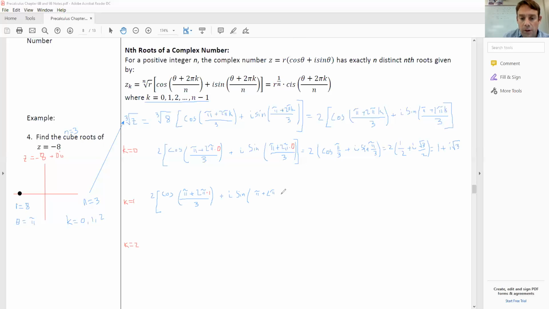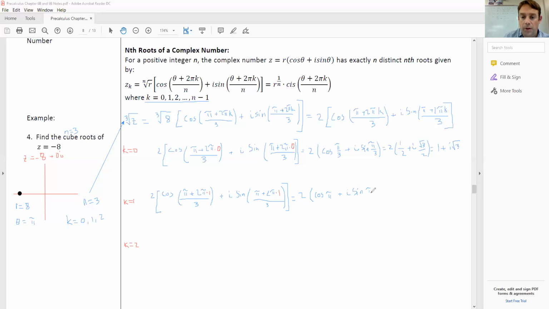So we plug everything in here. This time I'm plugging in 1 to get the next root. If I plug 1 in here, I end up with 2 cosine of 3 pi over 3, so that's just pi, plus I sine 3 pi over 3.